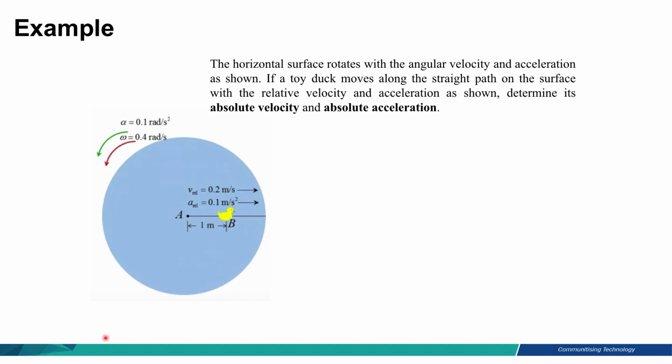Let's take a look at an example. There is a horizontal surface in a circular shape where there is a toy duck on the horizontal surface. This circle is currently rotating at omega equal to 0.4 rad per second and angular acceleration alpha of 0.1 rad per second squared.